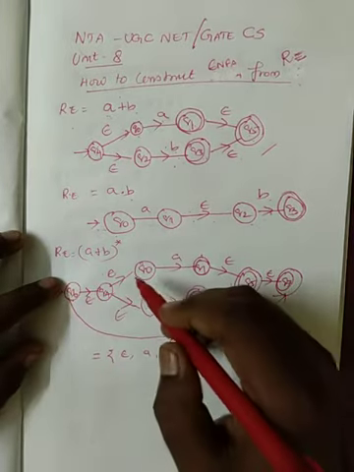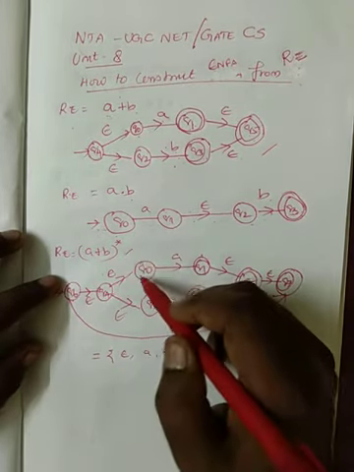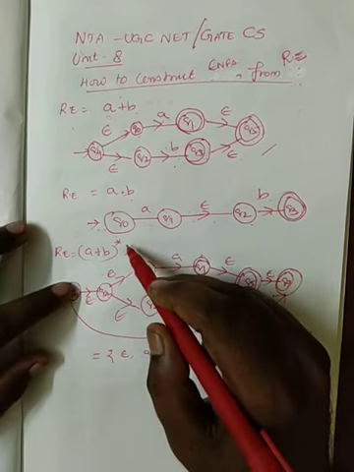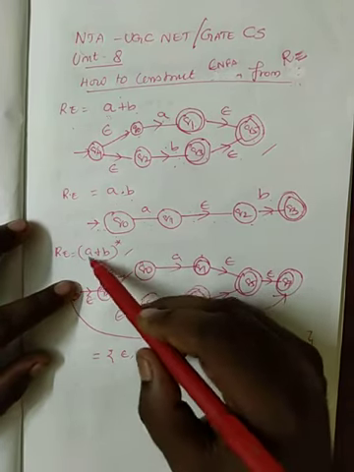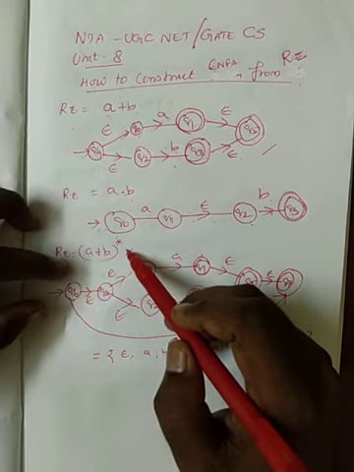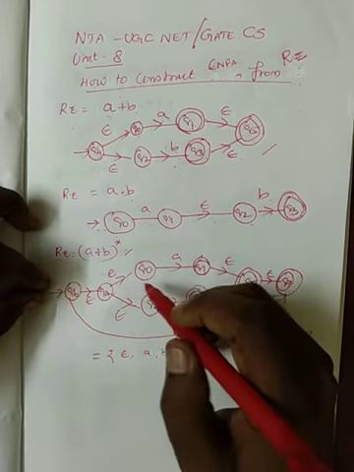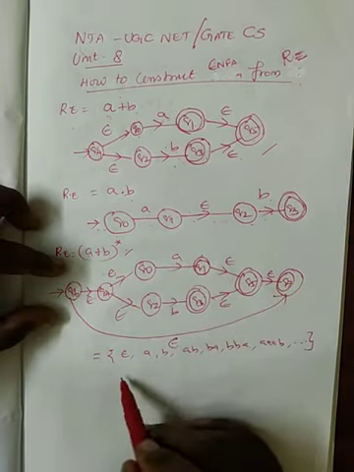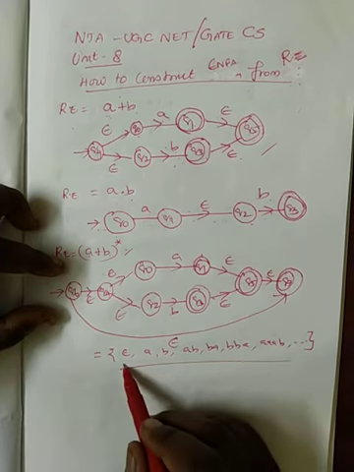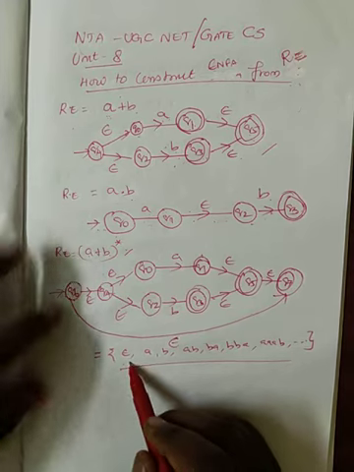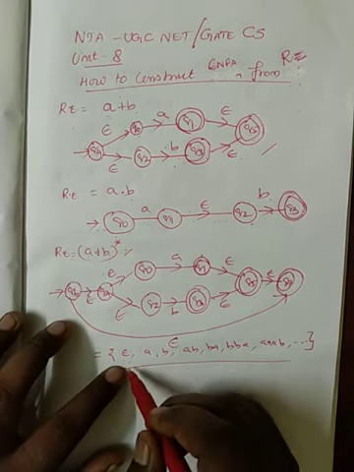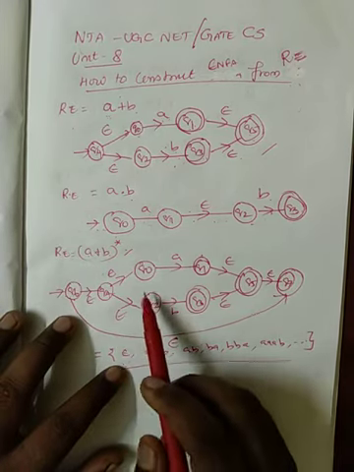Now the third case: A plus B whole star, which means A or B occurring zero or more times. That is the meaning. So the language includes even epsilon, which should be transited with the help of such a diagram.